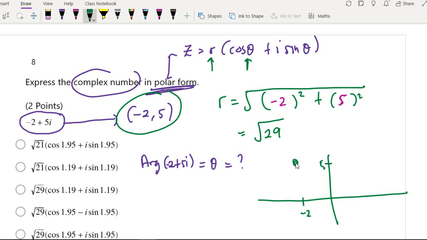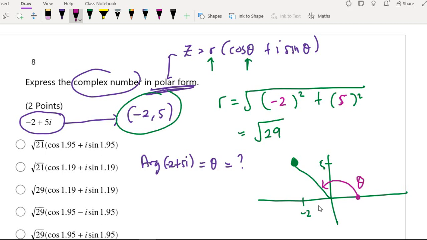So this is the point, from the origin to the line. The argument theta, you need to start from the positive x-axis to the line. This is theta.